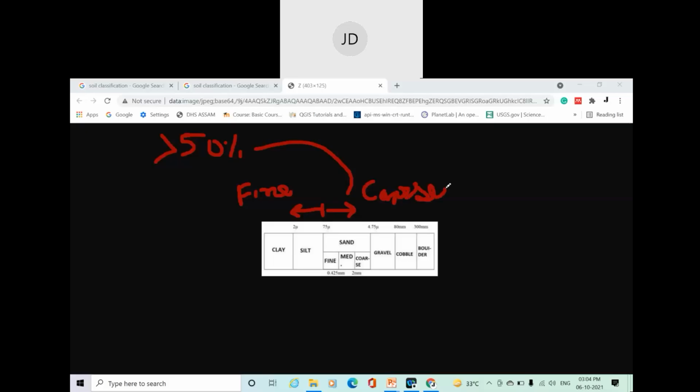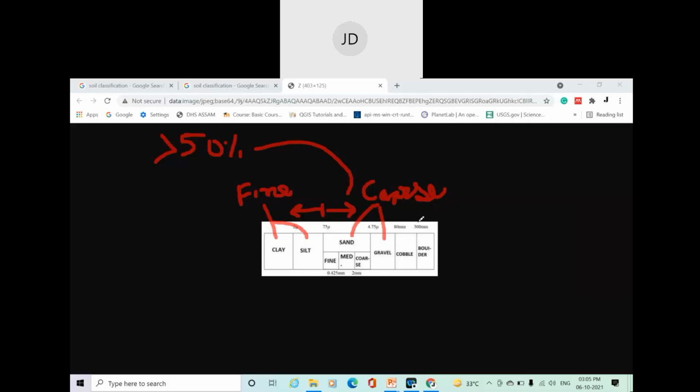So this is a basic definition based on soil particle sizes: fine grained soil and coarse grained soil. Under fine grained soil we have two types of soil, clay and silt. Under coarse grained soil we have two types of soil, sand and gravel, and these are basically aggregate.